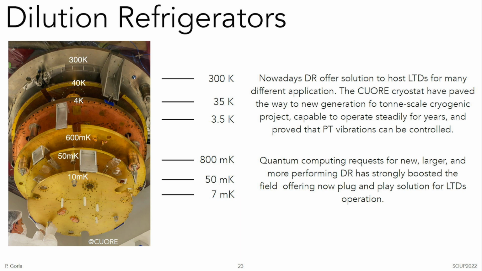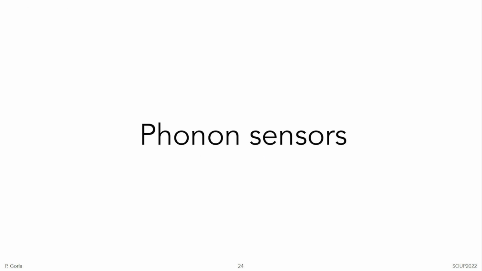So nowadays, even though cryogenic technology is in some way very complicated, there have been a lot of developments that allow you to buy a dilution refrigerator which cools down to 10 millikelvin just pressing a button in some way. So it's a complicated technology, but is affordable nowadays.